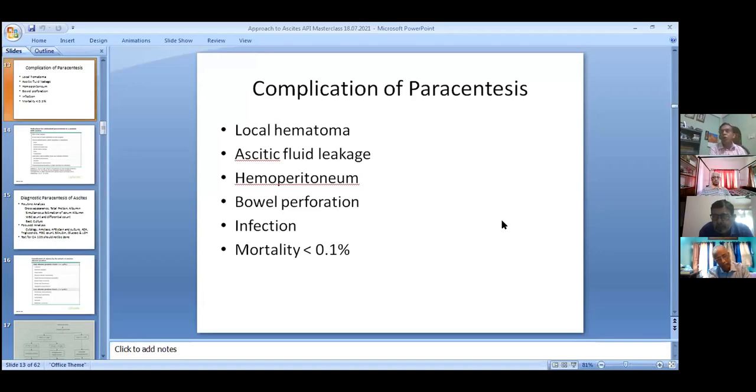And one important issue: there is no contraindication if there is coagulopathy or low platelet count. You know that in cirrhosis, the prothrombin time may be high, the platelet count may be low, 50,000, 30,000, but there is no recommendation that you should give prophylactically fresh frozen plasma or platelet transfusion before doing this procedure, because the complications of this procedure are very rare.